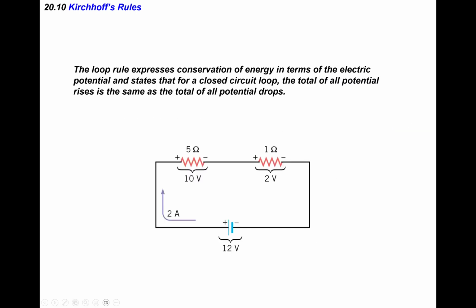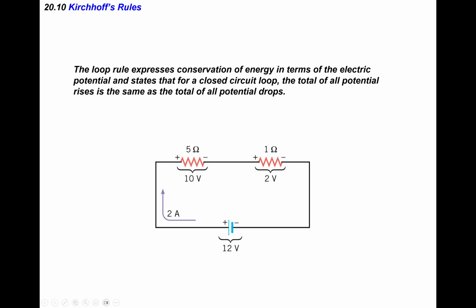So the loop rule tells you if you have 12 here, then this 12 will be equal to 10 plus 2, because this is the input and this is the output, 10 and 12.